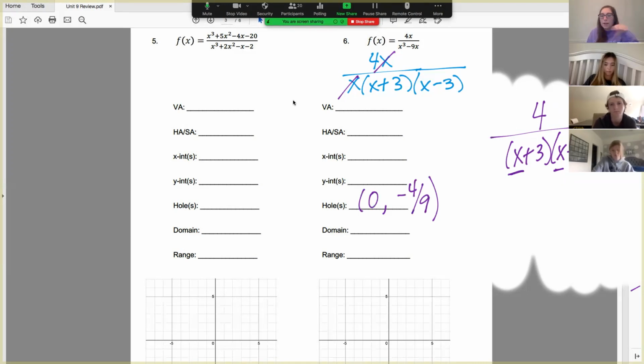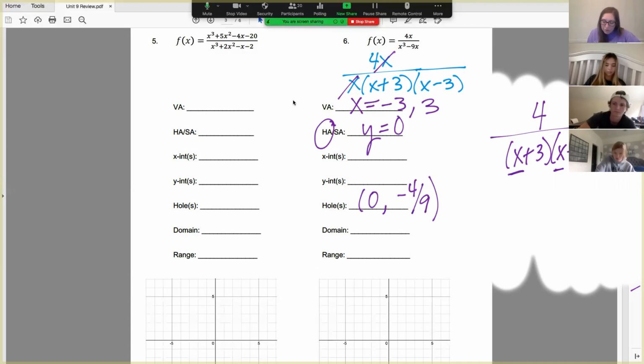For my vertical asymptotes, I set the denominators equal to 0, so negative 3 and positive 3. Since I have a bigger degree on the bottom, I have a horizontal asymptote at y equals 0.